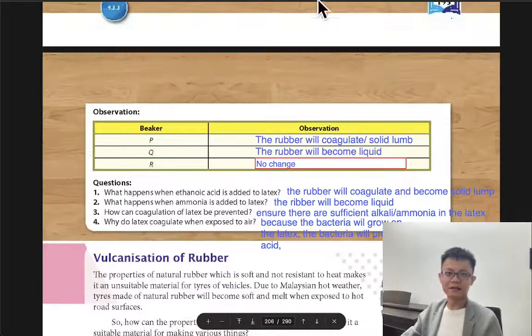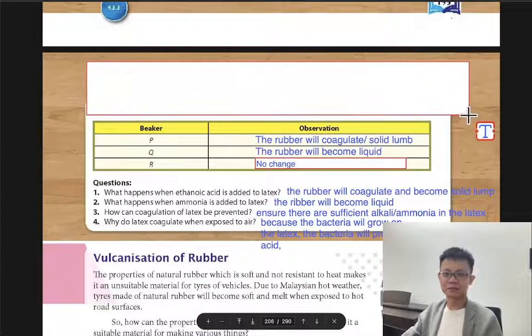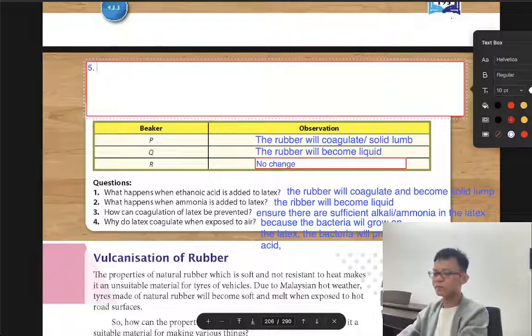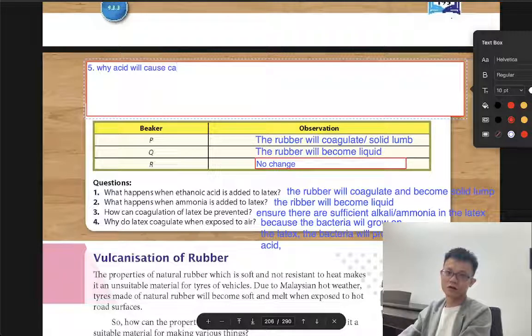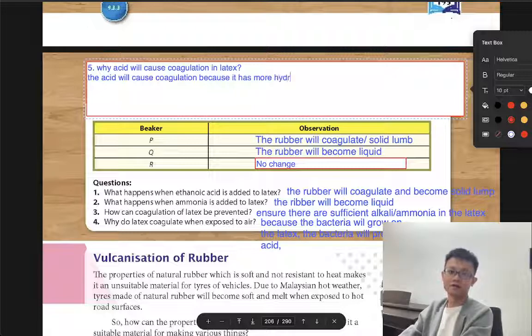Let's do the last question, a more difficult question, number 5. Why does acid cause coagulation in latex? This is a more difficult question, okay? The acid will cause coagulation because it has more hydrogen ions.